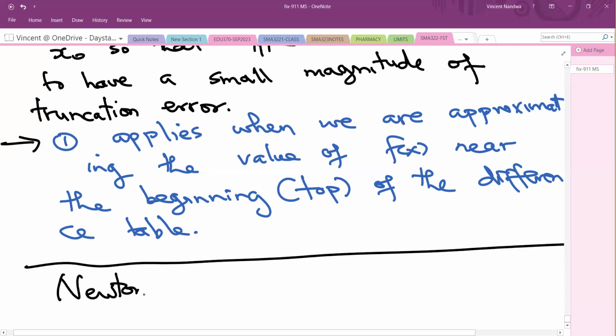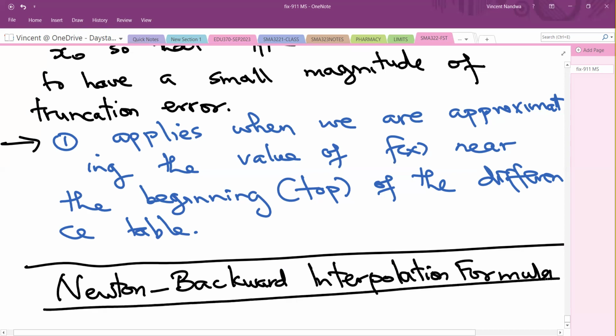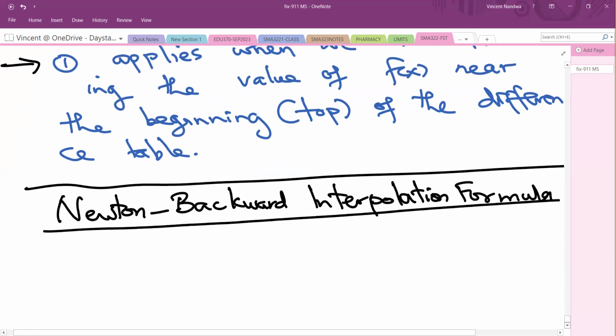So let's derive the next one, the Newton backward interpolation formula. We begin in a similar manner.